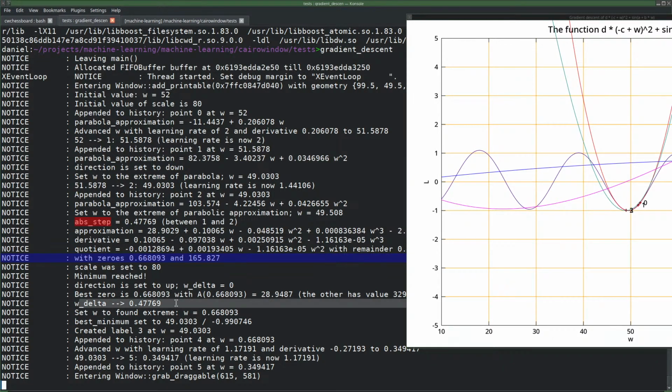Now this doesn't make any sense. Why would that suddenly be equal to the absolute step?